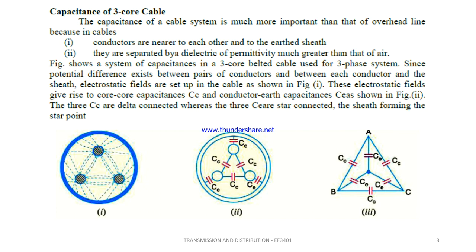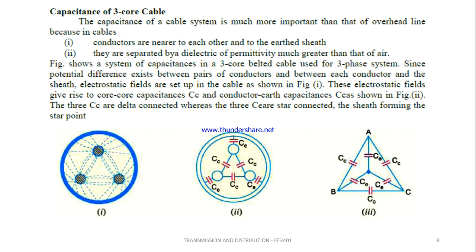Next, regarding the capacitance of a 3-core cable, we can represent the conductors in a delta shaped one and a star shaped one. It is similar to the overhead line cable lines.